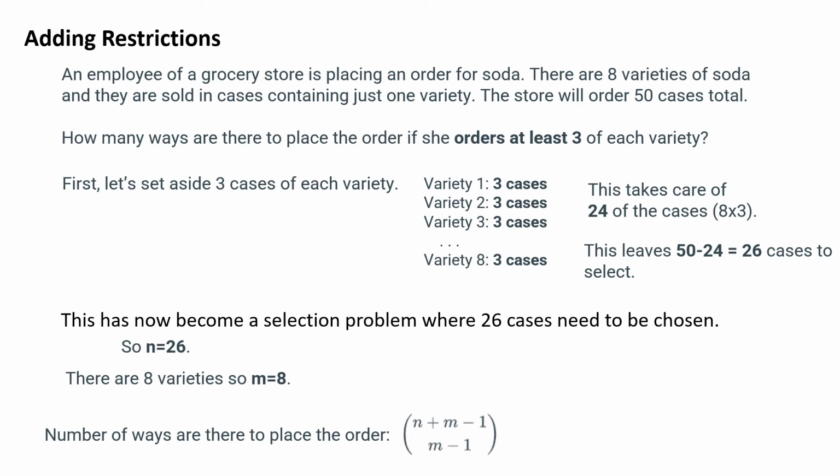So 26 plus 7 would be 33, and we're choosing the slots where the ones go, and there are 7 of those. So it would be 33 choose 7.